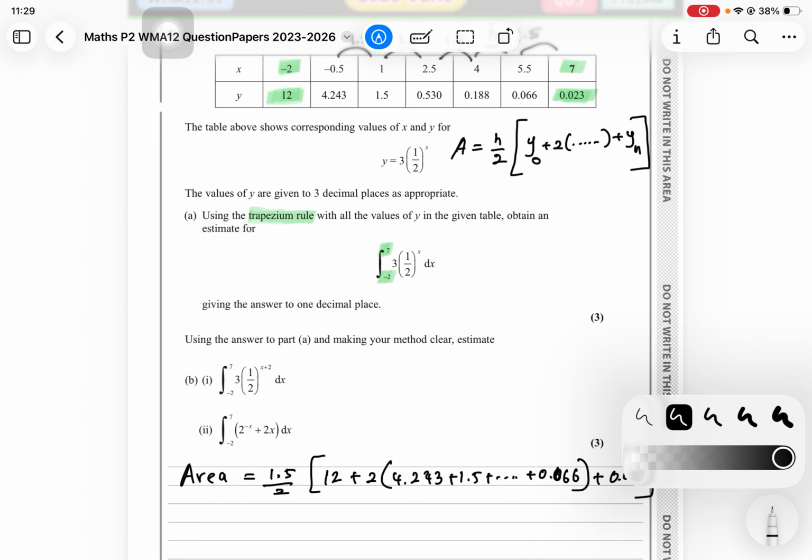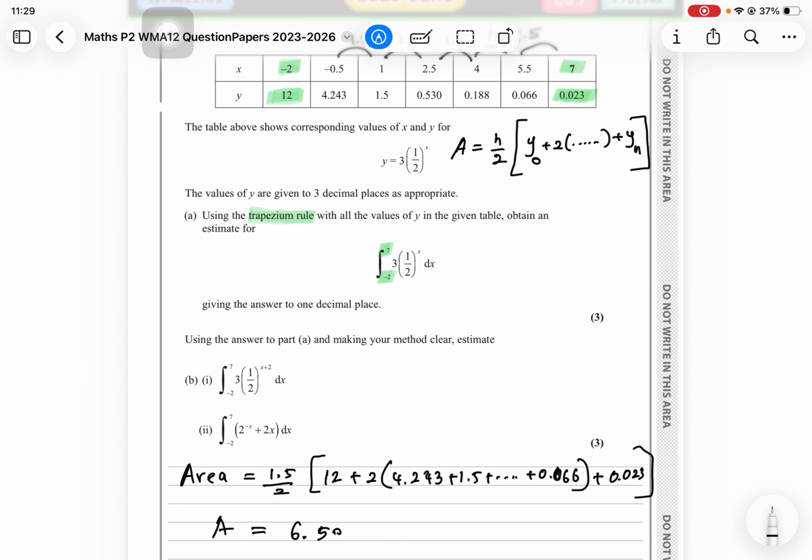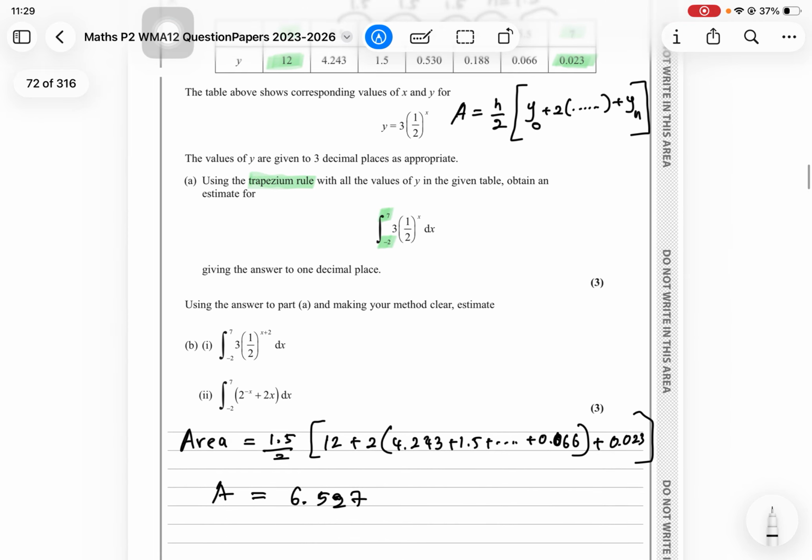So once we get that value, we have the area, which is 6.527, and we times it by 2 once again.